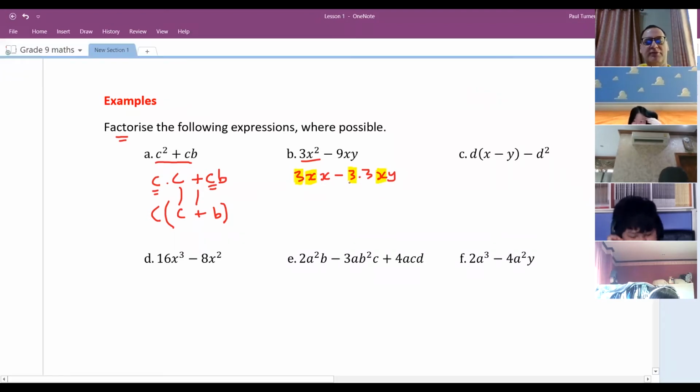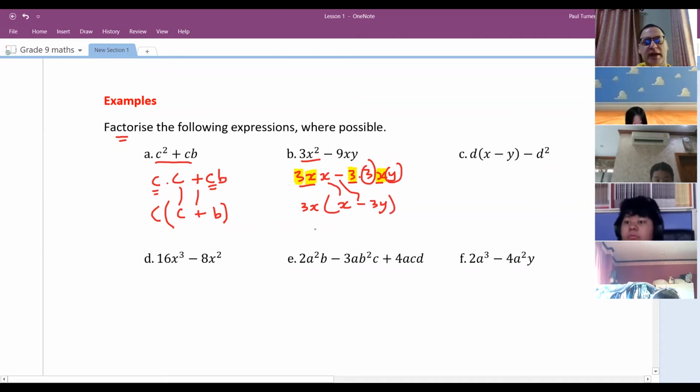Okay, so that means that 3x is your common factor. So we write it in the front like that, okay? And then what are you left with? You're left with x here, the minus sign, and we are left with these two numbers, 3y, like that.